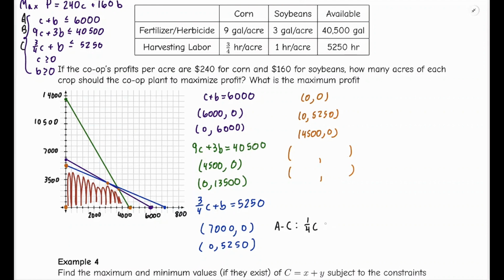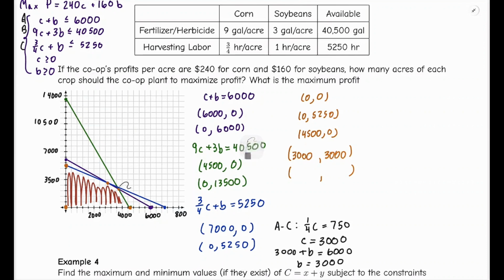And 6,000 minus 5,250 is 750. Multiply both sides by 4, we get C is equal to 3,000. If I plug that back into A, we get 3,000 plus B is equal to 6,000. So B is equal to 3,000. So 3,000, 3,000 is that vertex.